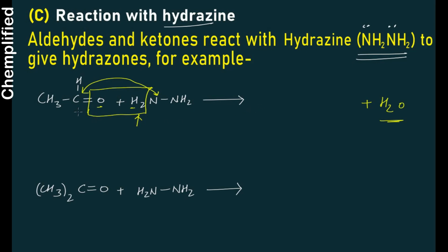Now carbon and nitrogen will combine together with a double bond, CH3 CH double bond N, and the rest of the derivative will remain the same. The other ammonia group will remain the same. So this will be your final compound, and the name of the compound will be acetaldehyde hydrazone.